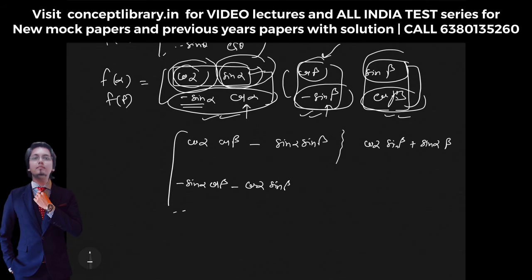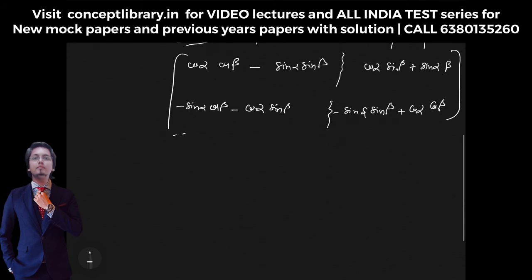Then multiply this row with this column, so right here minus sin alpha sin beta, then multiply cos alpha with cos beta, so plus cos alpha cos beta. Now it will be either cos(a plus b) or cos(a minus b), or sin(a plus b) or sin(a minus b). So let's check quickly. This is cos a cos b minus sin a sin b, so this is going to be cos(a plus b), meaning cos(alpha plus beta).